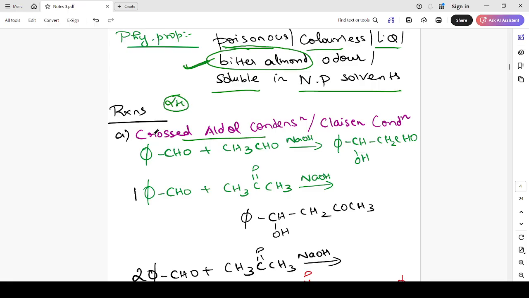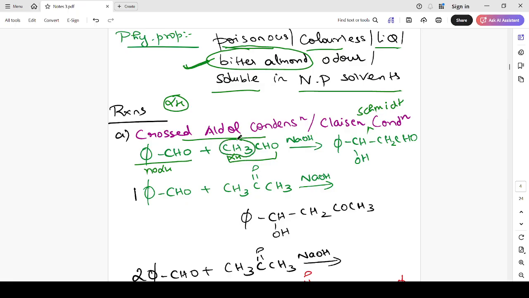What is cross aldol condensation? One of the aldehydes will have alpha hydrogen, the other aldehyde will not have alpha hydrogen. If the condensation reaction happens between them, then I call such a reaction cross aldol condensation, also known as Claisen-Schmidt reaction, or Claisen-Schmidt condensation reaction.